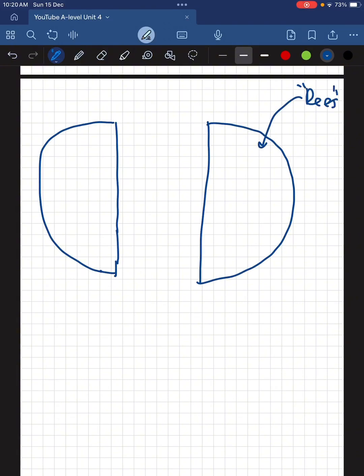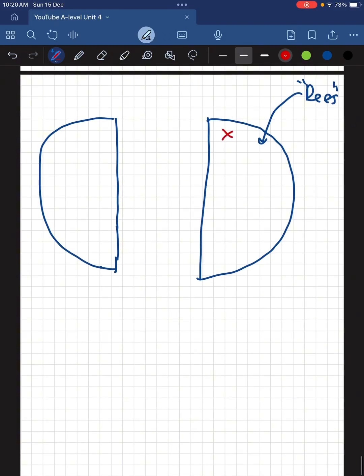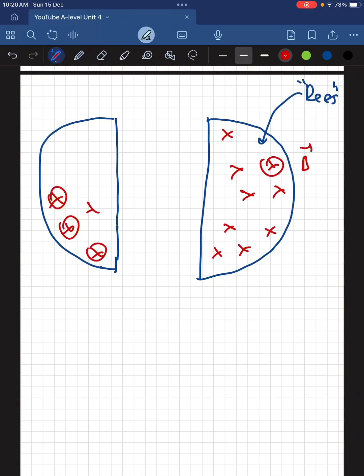Okay, so these are the Ds. This is the space where you apply a uniform magnetic field. So in this space here, there is a uniform magnetic field B that points into the page. The same goes for this part of the D.